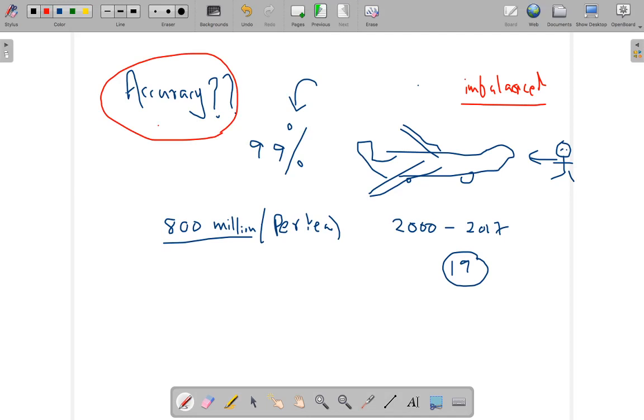I hope you understood the problem, right? That's where we have to look at other related machine learning measures of evaluation to understand this particular problem of imbalanced classification, right?